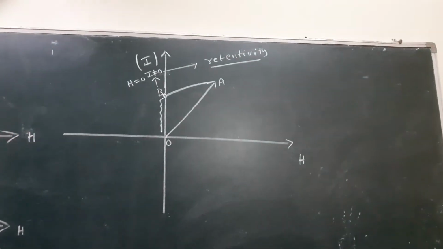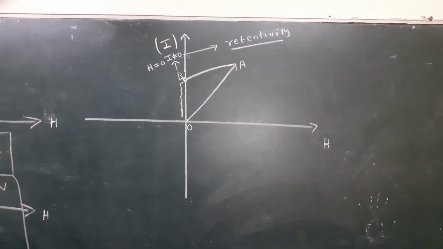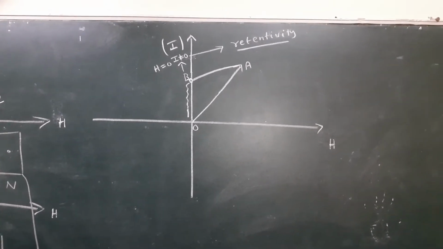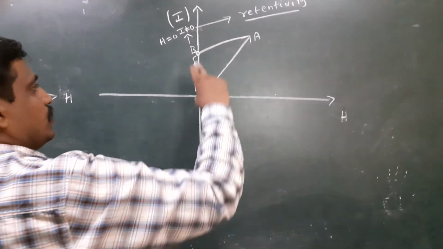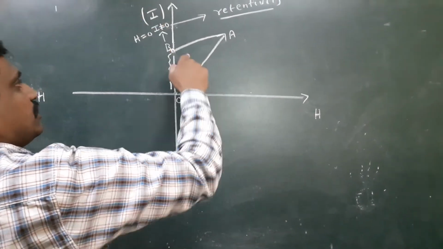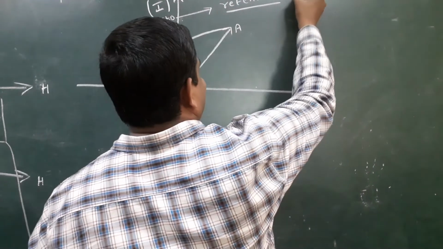Once again, what is the retentivity definition? Retentivity means H becomes 0 but I is not 0. The value of I, the value of OB, is called retentivity.